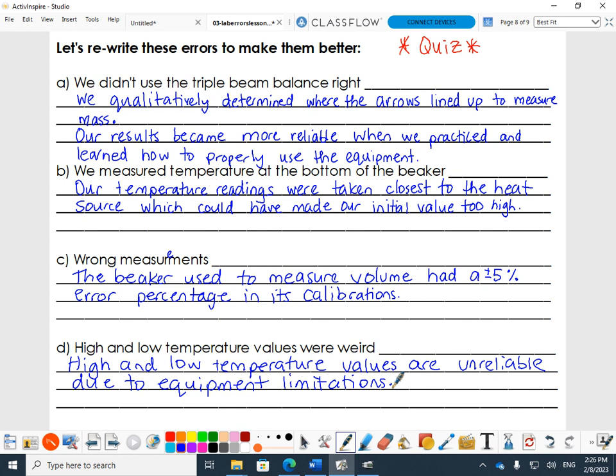So as I said, lots of times the lab will say right in it, don't let the water boil, don't let it get close to 100. And so really, if you're doing something like this, you can have similar errors in different labs. That's okay too. If you're using a water bath and having to measure the temperature, then definitely our thermometers limit how accurate our values are for sure.